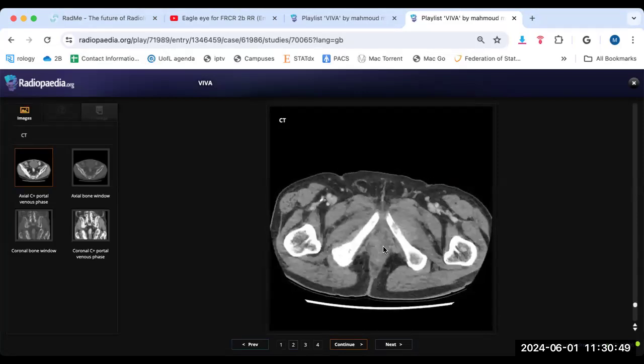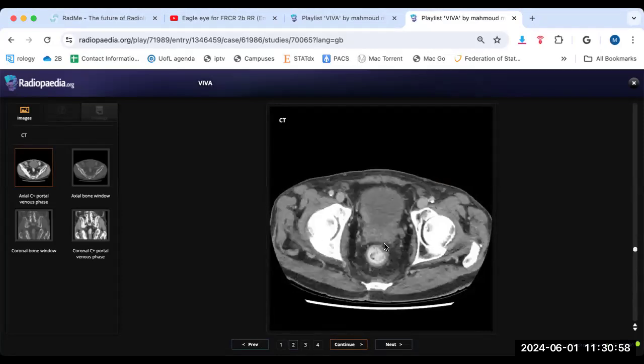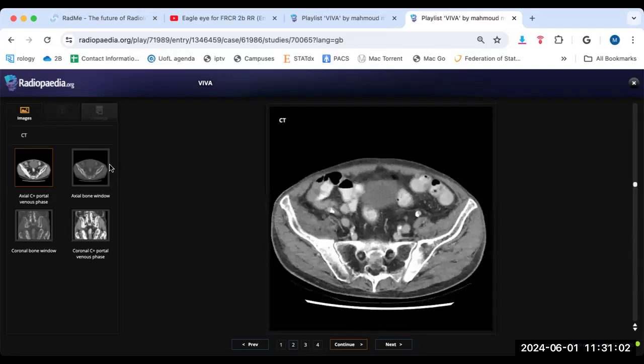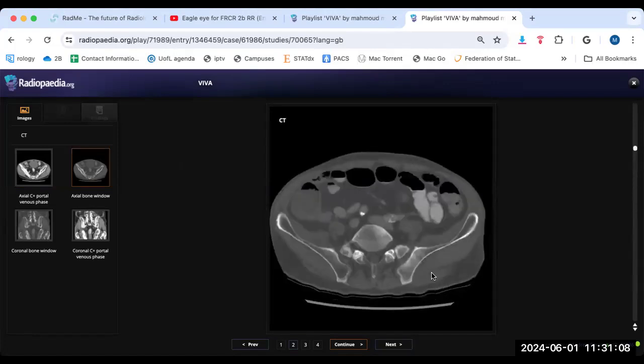Lesion like what? This could be prostate cancer. And I will examine the bone to see if there are any bony lesions. Yeah, let's bring the bone window. A good idea. What do you think is happening in the bone?